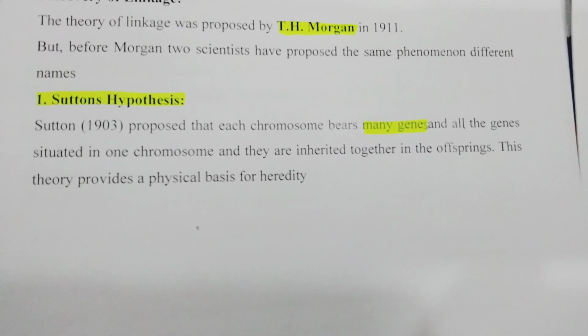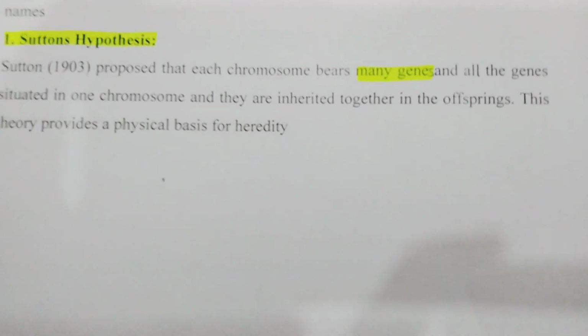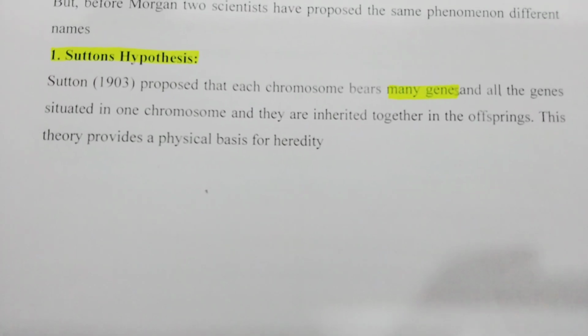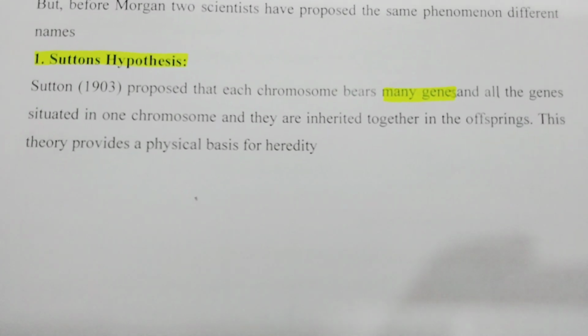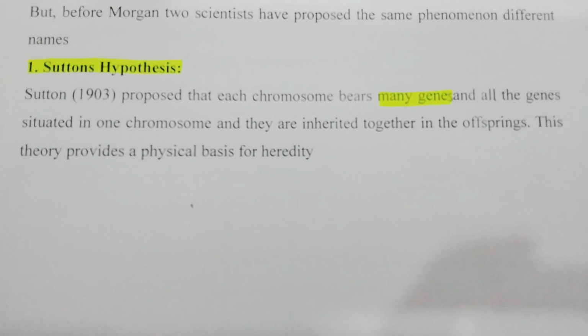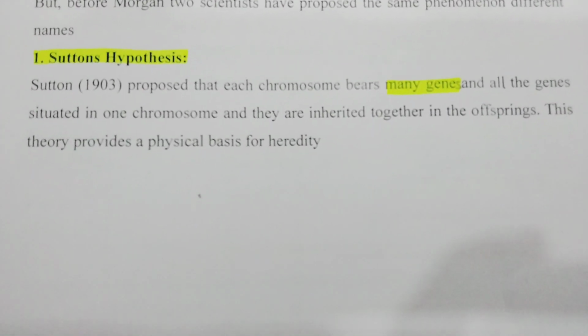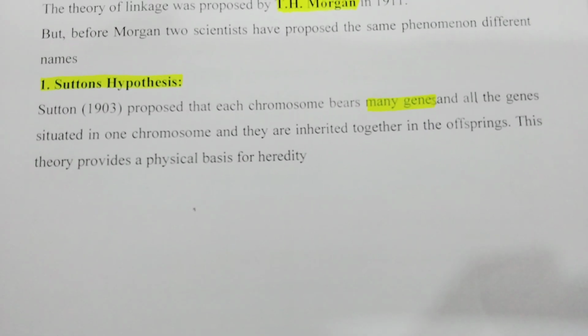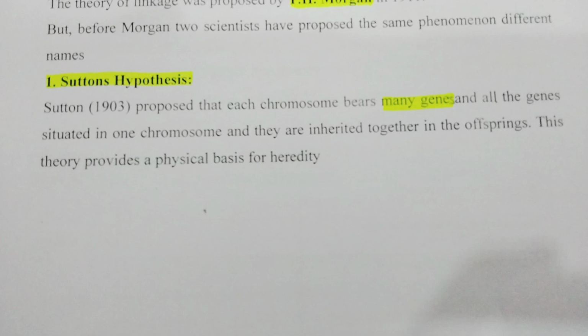This theory provides a physical basis for heredity. Sutton proposed the chromosomal theory of inheritance: the genes are present on chromosomes, and they are inherited by the next generation. This provides a physical basis for the hereditary nature.